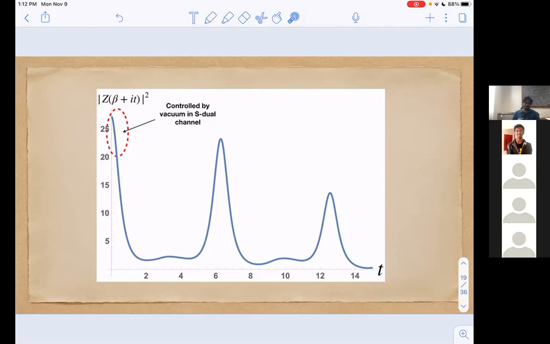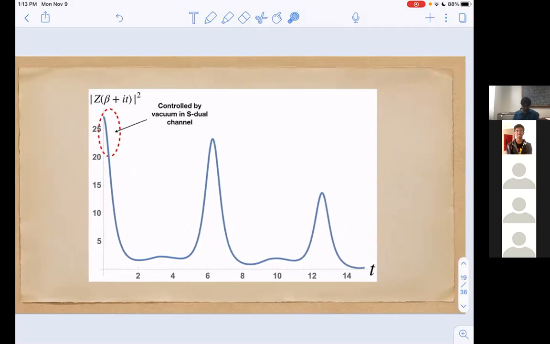The naive intuition is that we should cut off the integral where t reaches the recurrence period, and we will see that we should cut it off at the value of 2π, which is the recurrence period of the monster CFT.